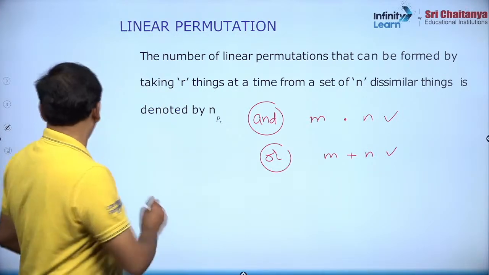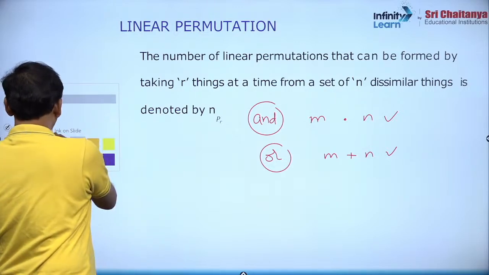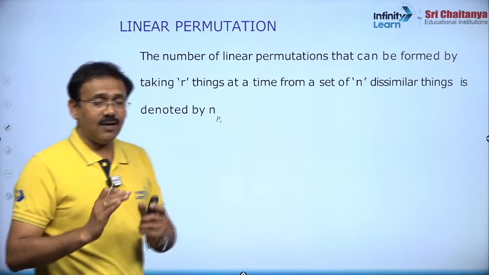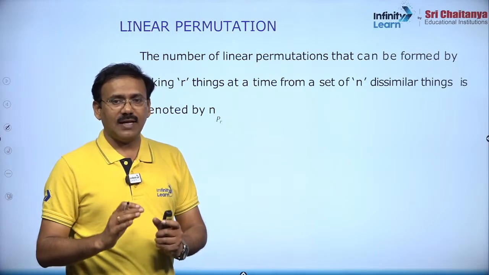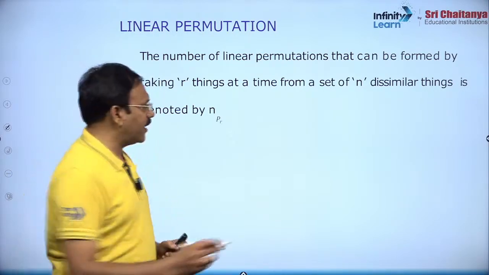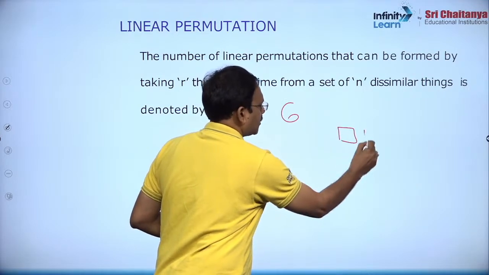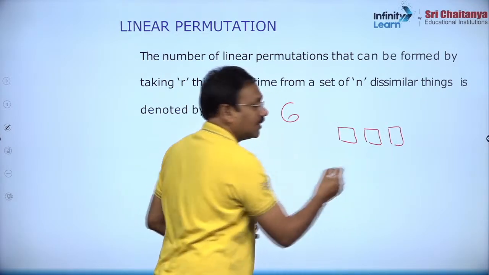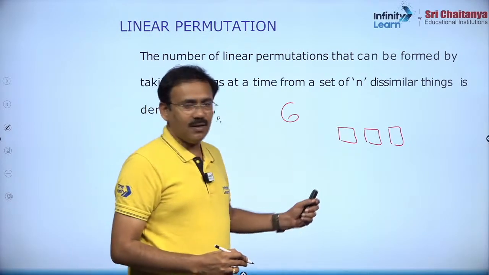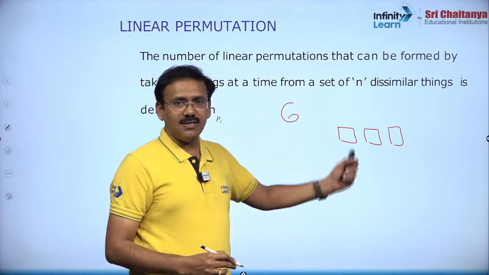Second point, my dear friends, is to solve the problems with the help of boxes. Suppose there are 6 students and 3 chairs. In how many ways can the students be arranged in these chairs?